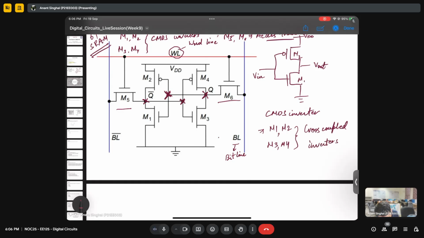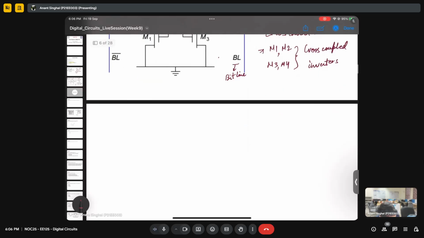This you might already know from your theoretical lectures also. If I try to make an inverter, an inverter is nothing but a NOT gate. Let's say this is the inverter which is made out of M1 M2. The output of this is connected to the input of the inverter made up of M3 M4, and the output of this is connected to the input of this.